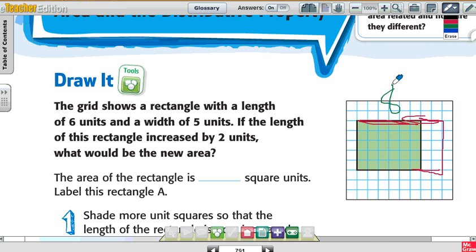Okay, the width still is the same. So what would be the area now? Remember, area is length times width. Now it would be 40.